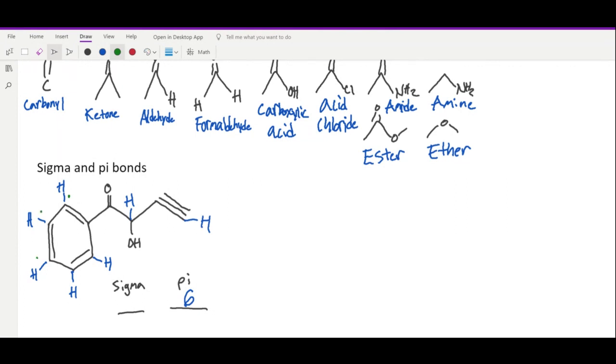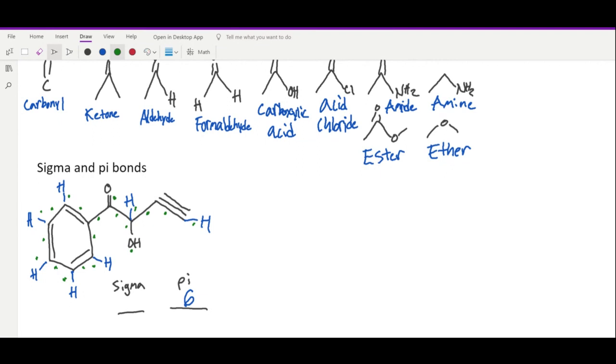So each of the hydrogens, I'm just going to place a dot so I don't forget, and then each of the carbon-carbon bonds gets a dot. So there's another dot here, carbon to oxygen, carbon to carbon, carbon to oxygen, carbon to carbon, and carbon to carbon. Now there's one thing we are forgetting, which is the oxygen to hydrogen. There is also a bond there.